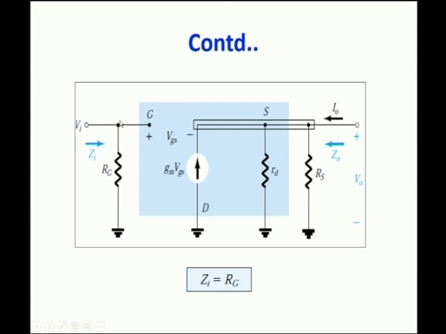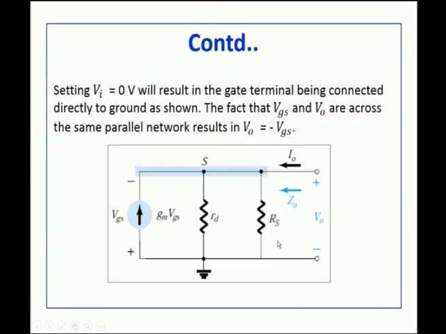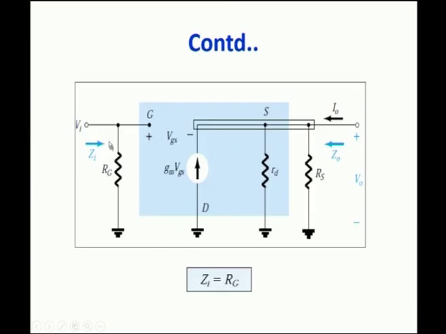Input impedance, you can straight away see from the circuit, Zi is only the resistance RG. For calculating the output impedance Z0, you have to make the input voltage 0, so the voltage drop across this resistance is also 0, and assume that the resistance is not connected here because there is no voltage drop across it.